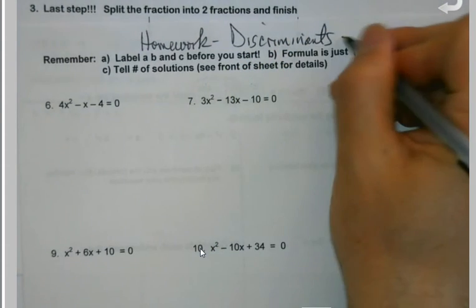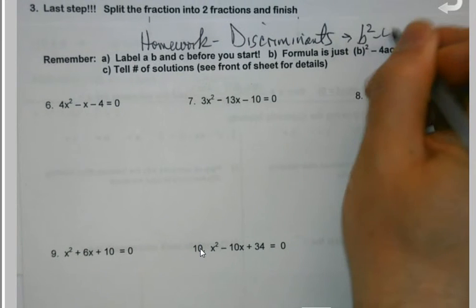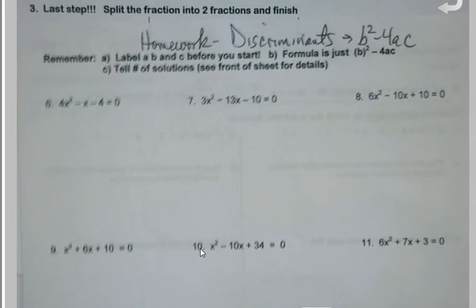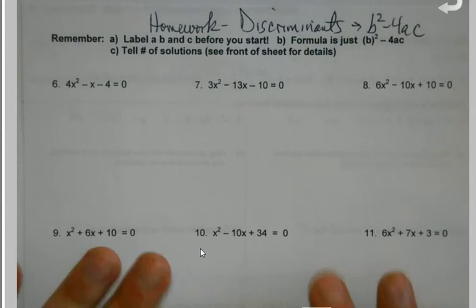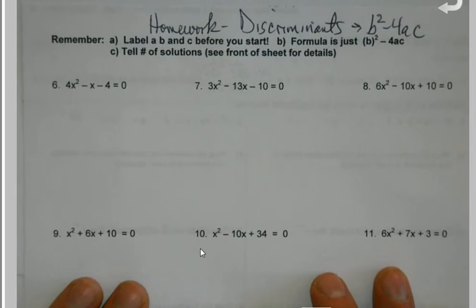So all we're going to do back here is use the b squared minus 4ac and figure out how many solutions there are. That's going to be your whole thing going on the back here. But I want to introduce you to the quadratic formula today. Just all of them back here because it'll go really quick.